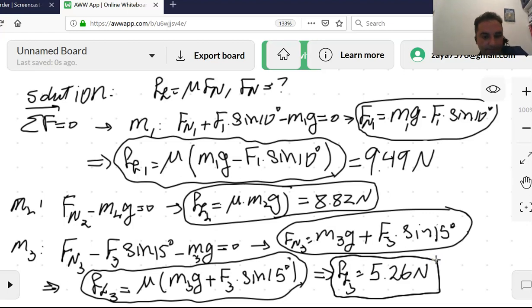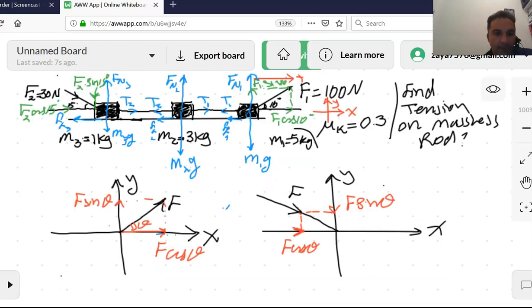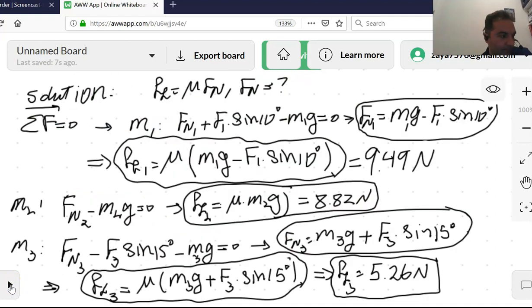Let me redo it. 9.8 plus F3 was 30 sine of 15 times 0.3. Yeah, okay. So this is this.